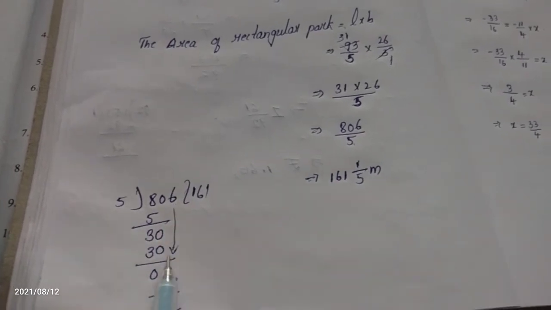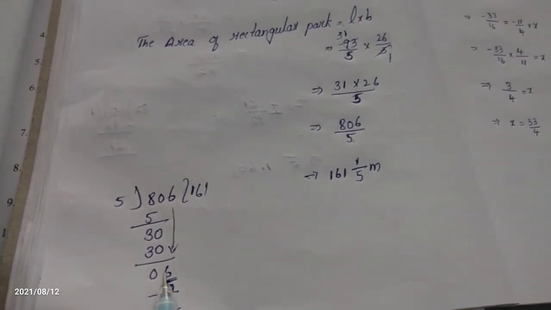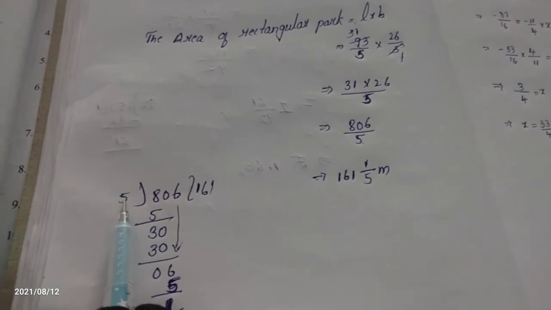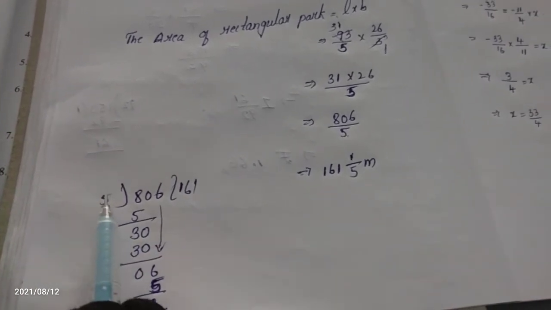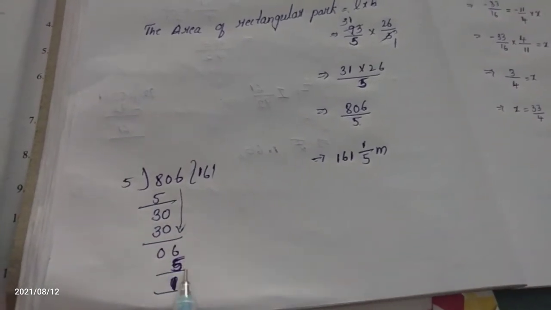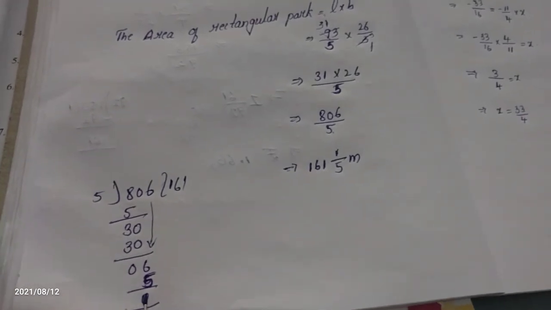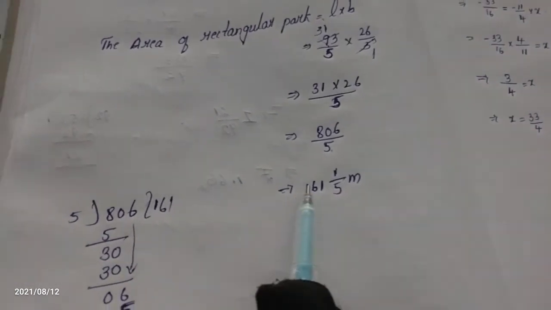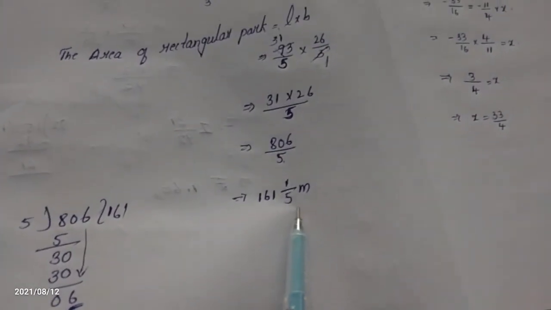Bring down the 6. 5 ones are 5, 6 minus 5 is 1. So this number can be written as 161 and 1 by 5, the remainder over the divisor. This is the value.